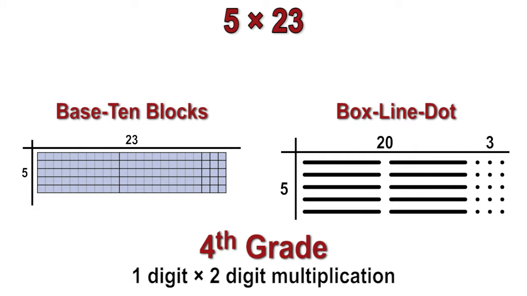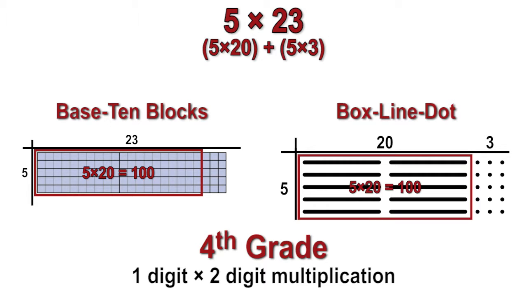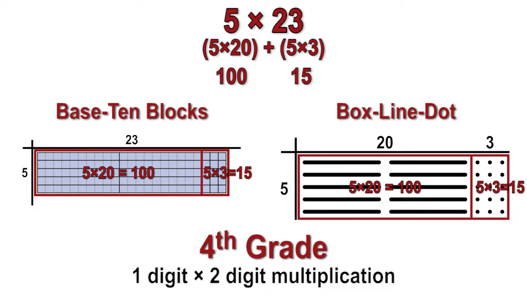Students previously learned that area is additive, so 5 times 23 is the same as 5 times 20 plus 5 times 3. 5 times 20 is shown here with the base 10 rods and here with the 10 sticks for an area or product of 10 tens or 100. 5 times 3 is shown here as 15 cubes or 15 dots. The total area is 100 plus 15, which is 115. 5 times 23 is 115.